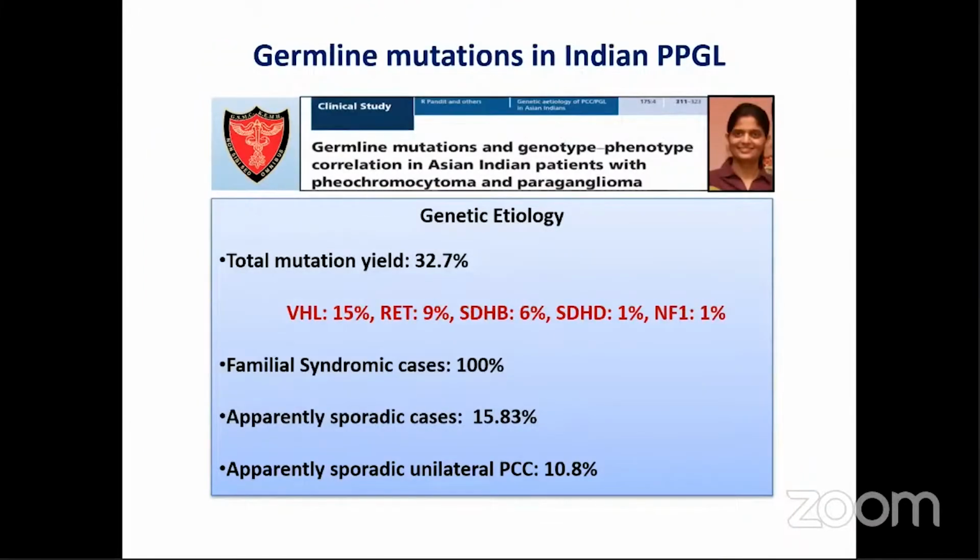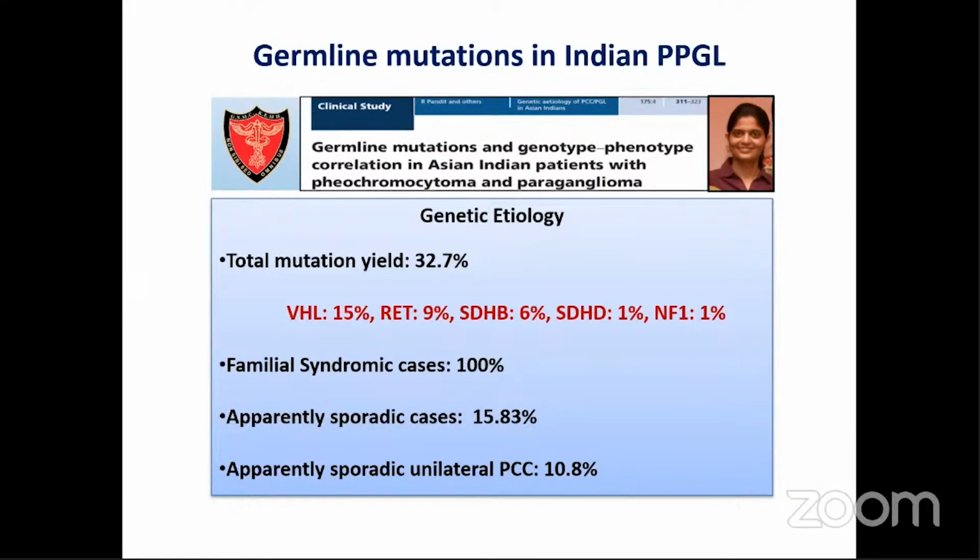Looking at the results, there was a good yield: almost 33% of the PPGL patients at our center had mutations, the most common being VHL, followed by RET and SDHB. The prevalence of mutation, as expected, was 100% in familial syndromic cases, whereas the apparently sporadic ones had mutations in only around 16%.